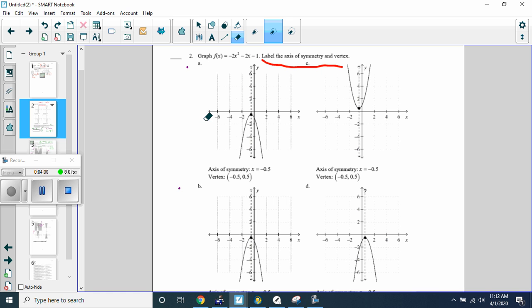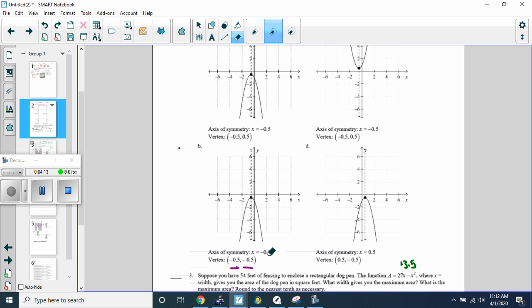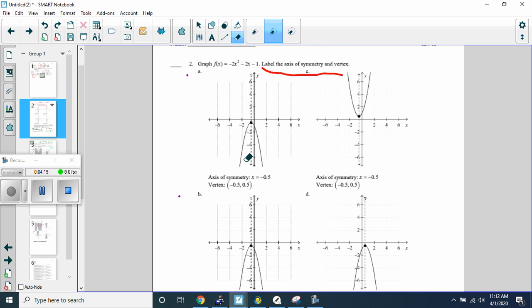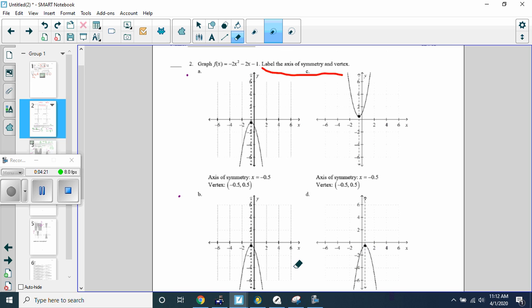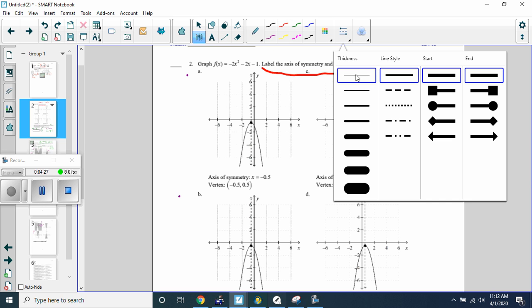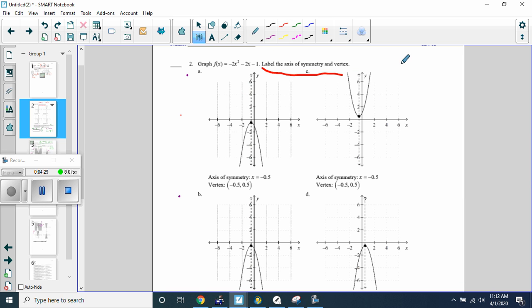So we have to figure out what the axis of symmetry is. And you can see in A and B, both answers are negative 0.5. So it probably is negative 0.5. Actually, all the axes are 0.5 or negative 0.5. So we have to figure out what the axis of symmetry is by doing negative b.